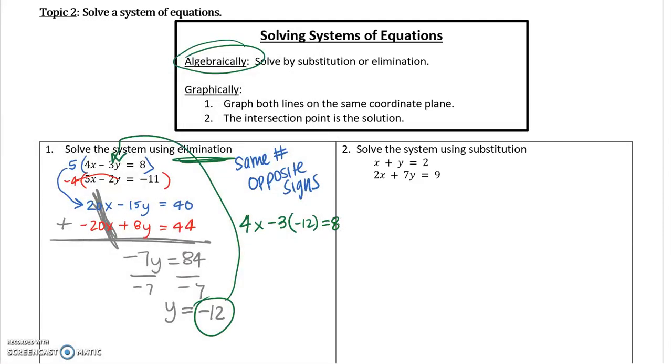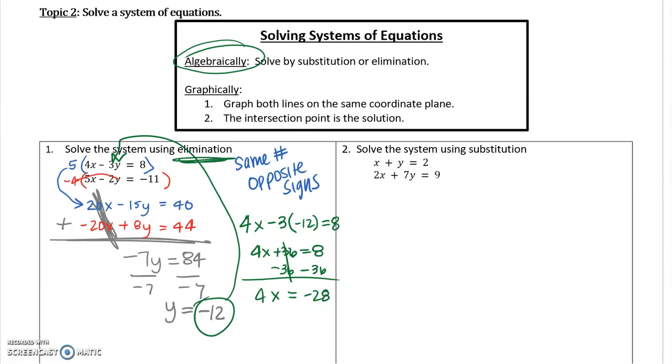I have to do the negative 3 times negative 12 first, which is 36. Then move the 36 over by subtracting it.